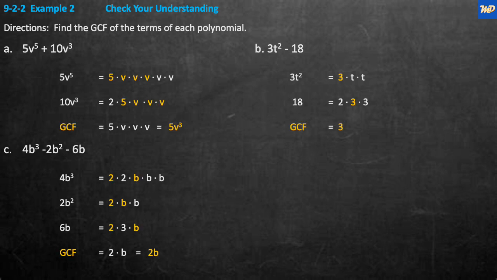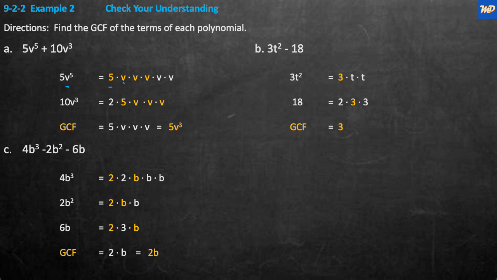Okay, now I'm going to assume you've taken your time. You've done it. We're going to find the greatest common factor of each of these terms. So starting with A, we have 5v to the 5th power plus 10v cubed. So the 5v to the 5th power, we have 1 5. There's nothing else. That's a prime factor, and there's only 1. And there are 5 v's.